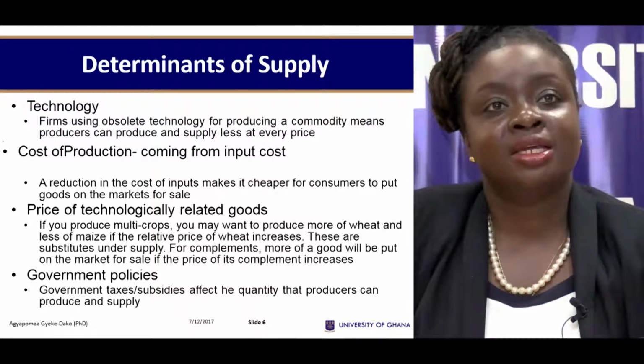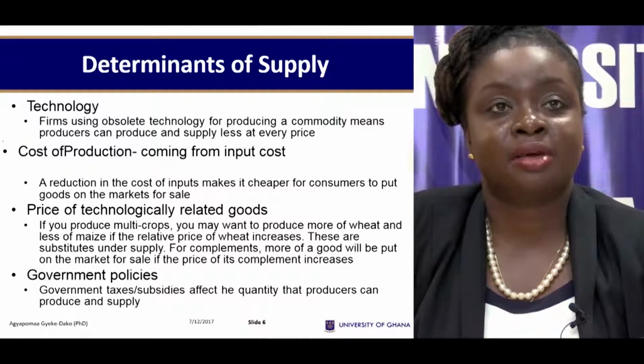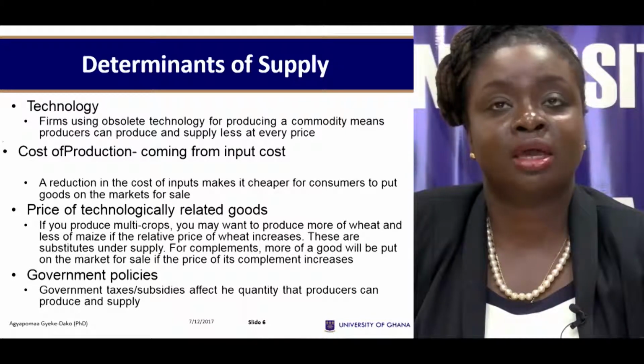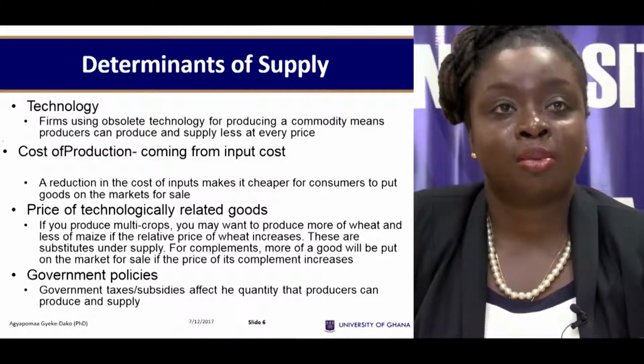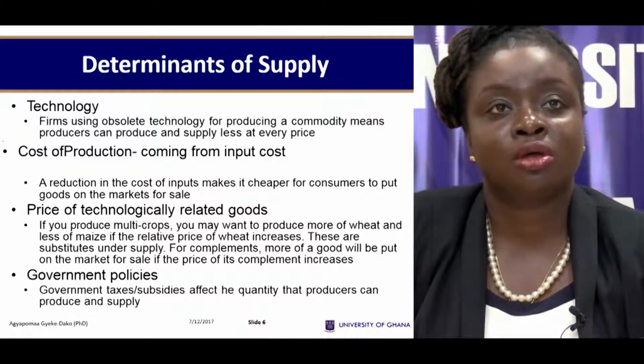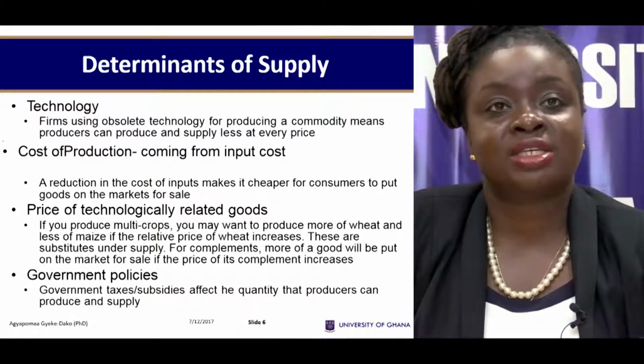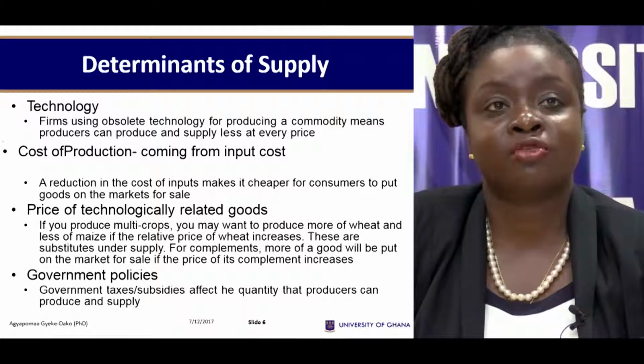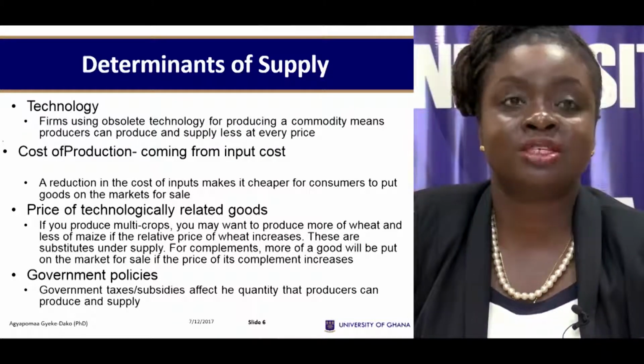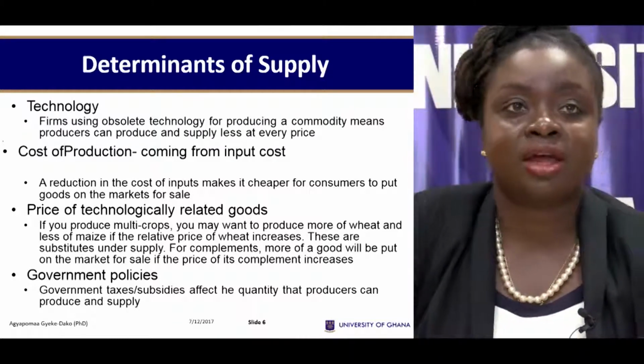Now, if wheat and maize are substitutes under supply because we use land for the production of both, then if there's an increase in the price of one of them, it's definitely going to influence the production of the other.